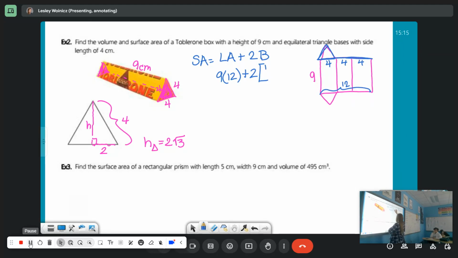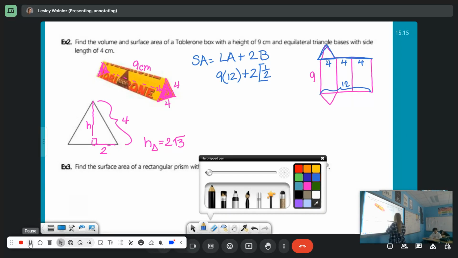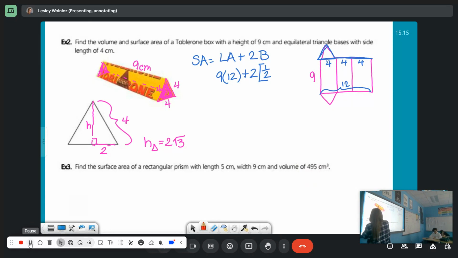And it's 1/2 times the triangle base, which is 4, times the triangle height, which we found out was 2 root 3. So what I'm seeing is that this 2 and this 1/2 are canceling each other out and making a 1.